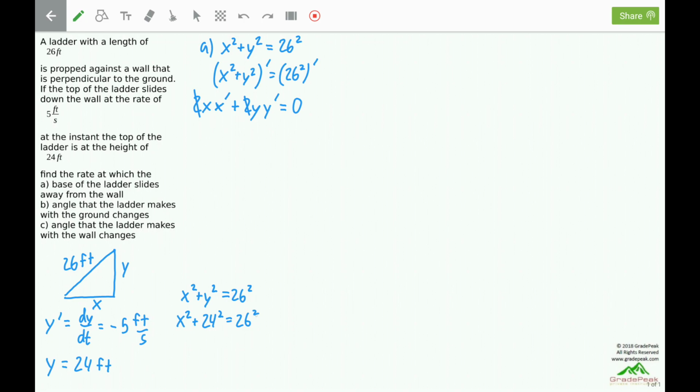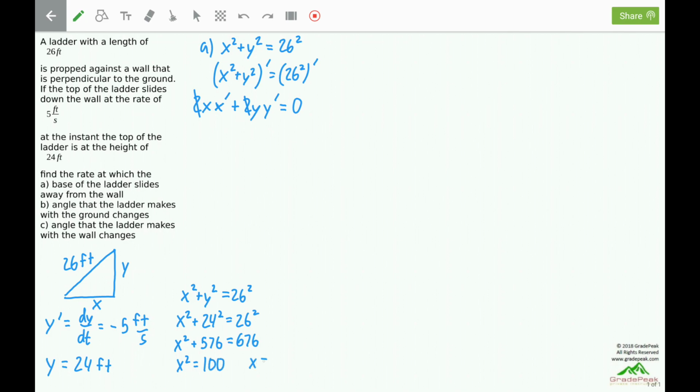And now we can square these out. It turns out that 24 squared is 576, and 26 squared is 676. Now we can subtract 576 from both sides, and we end up with x squared equals 100.